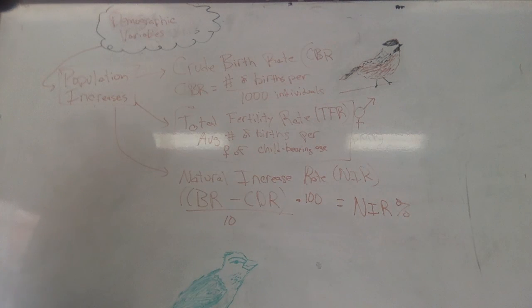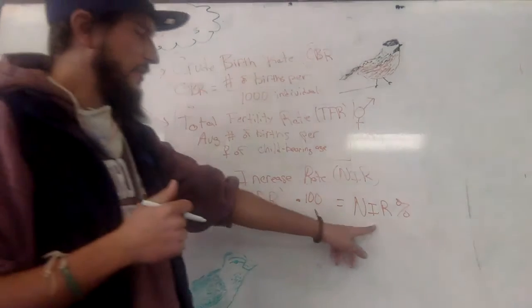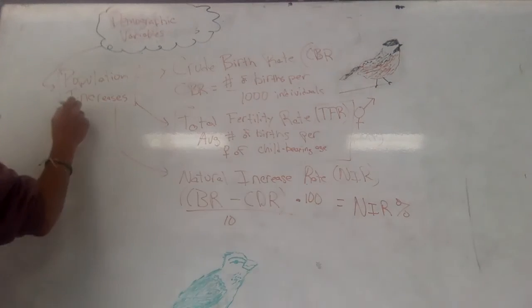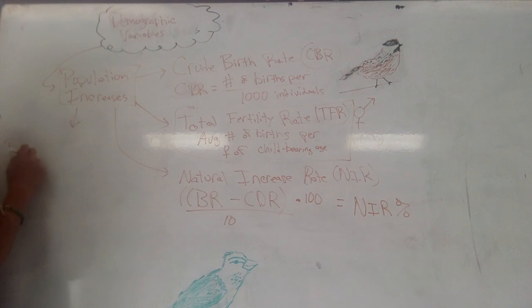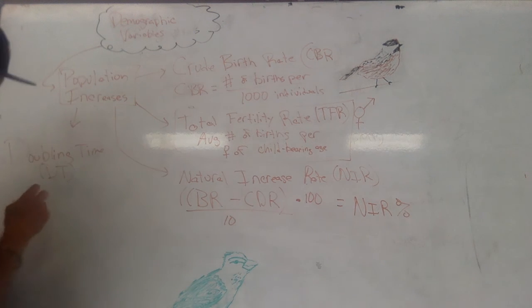And then we're going to do one more calculation using this value, and that's going to be for doubling time. Doubling time, as you might guess, is the number of years it takes for your population to double.